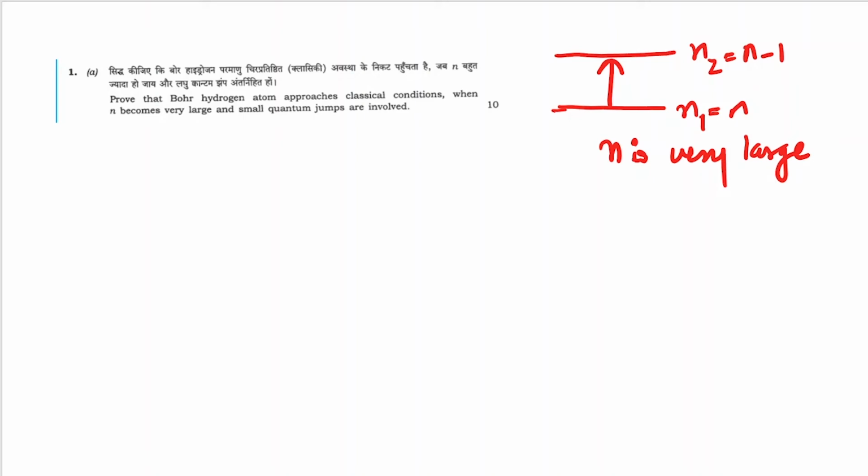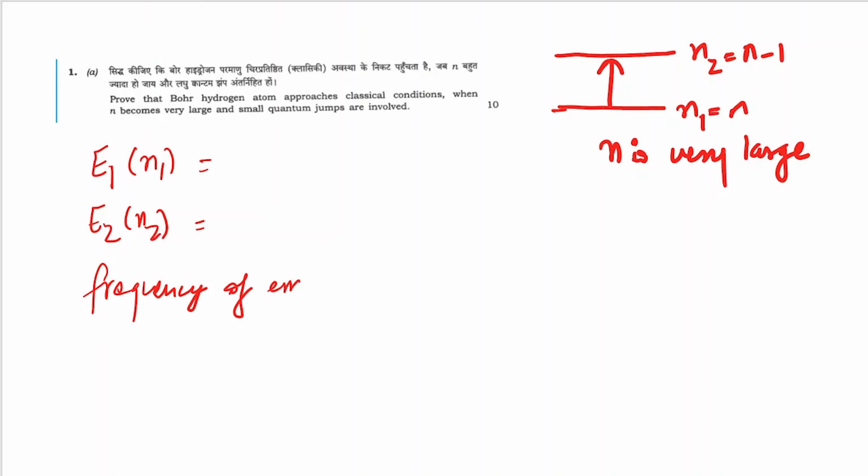So we can find the energy level for n1 and the energy level for n2, and so we can find out the frequency of the emitted photon during the transition.